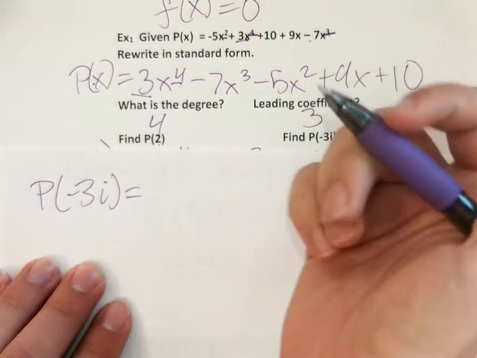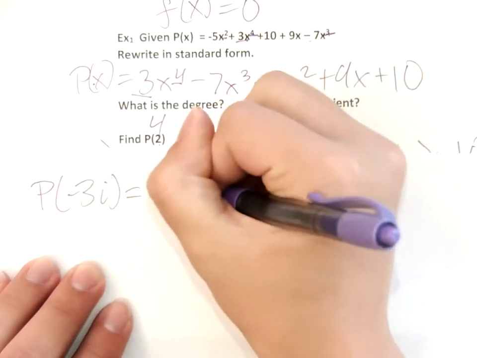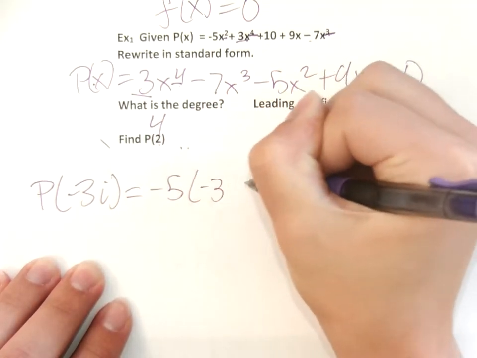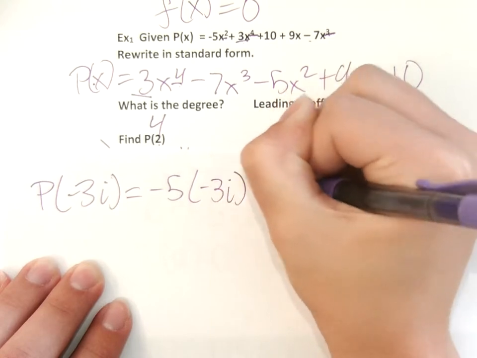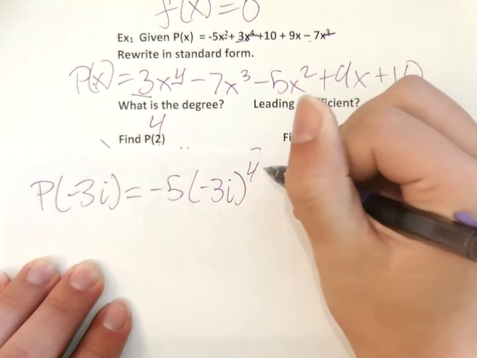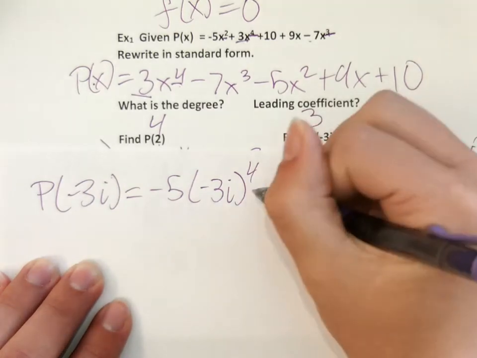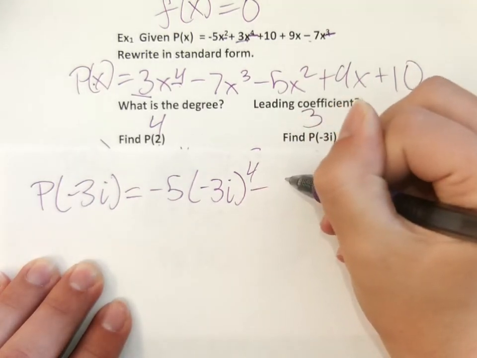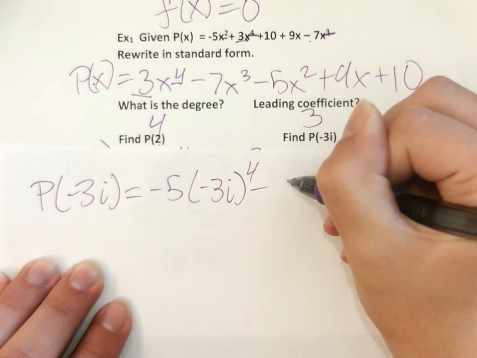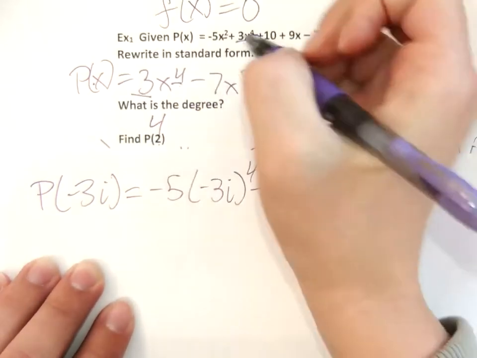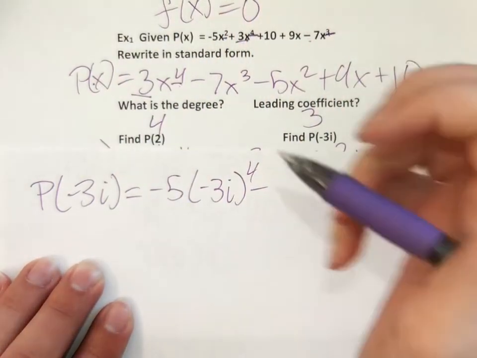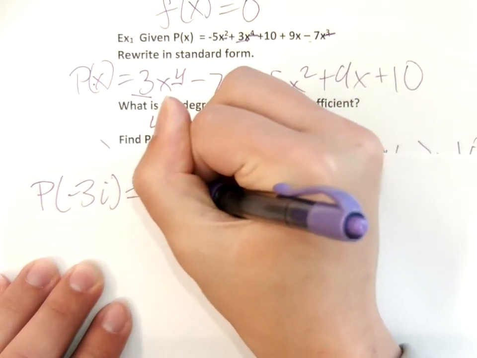All right, so if we were to start, we would do negative 5, negative 3i to the 4th. Wait, where's the negative 5 to the 4th? Oh wait, 3. Oops, sorry, I was reading the wrong one. Even Brittany makes mistakes.